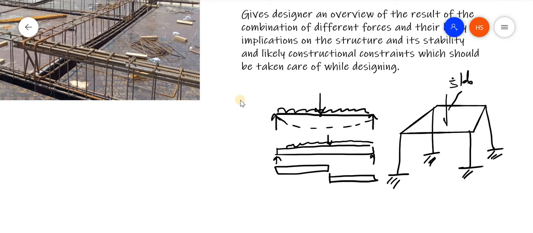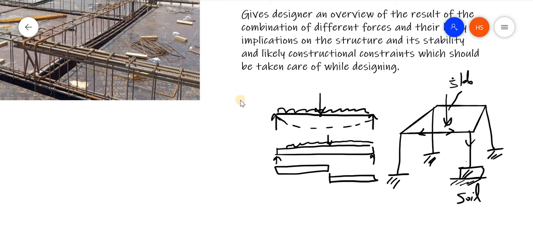The load comes onto the slab, and that load is distributed to the beams, and then distributed to the columns, and from the column it goes into the foundation and again into the soil. So this is the major way in which load is transferred from a slab to the soil.